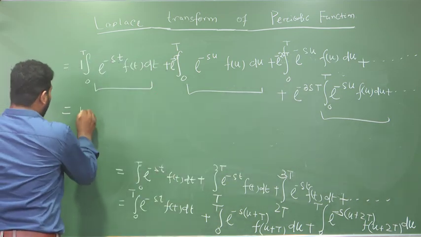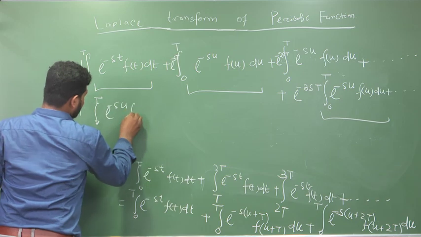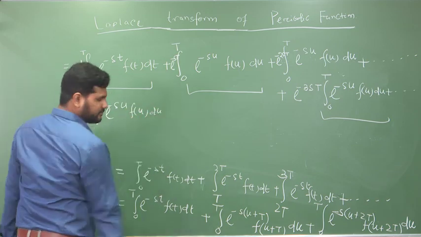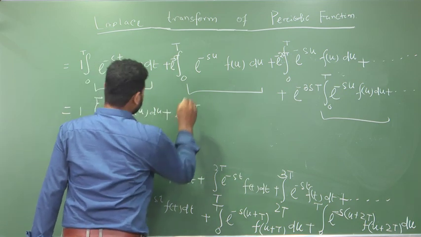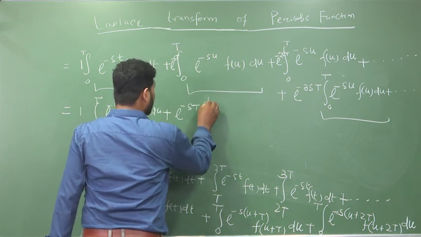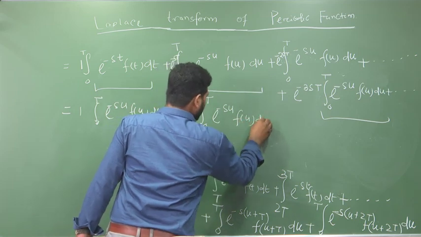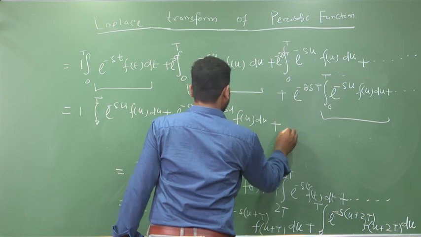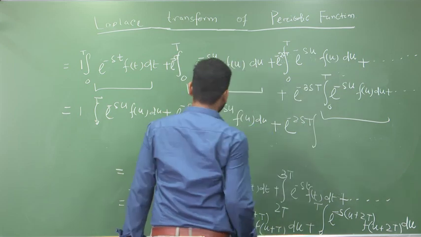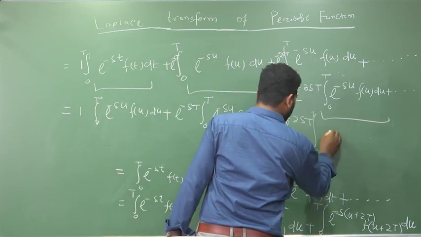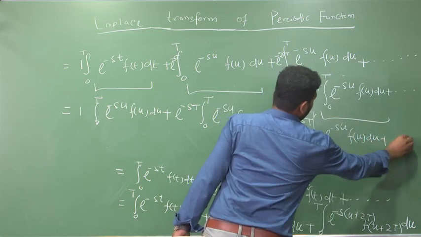So 1, 0 to T e power minus su f of u du. Fine. Plus what is left now? e power minus sT, 0 to T e power minus su f of u du, plus e power minus 2sT, integration 0 to T e power minus su f of u du, and so on.